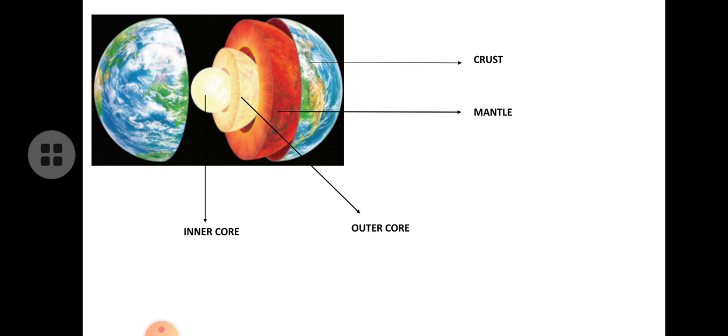We call it the core. So the interior part of our Earth is divided into three major concentric layers: the crust, the mantle, and the core. In our class today, we are going to study them one by one.